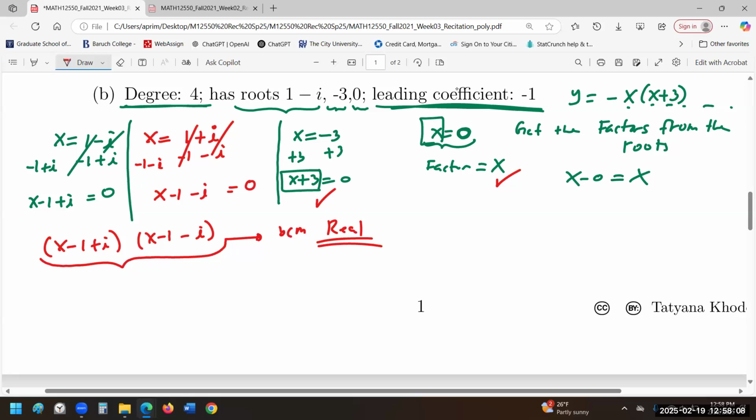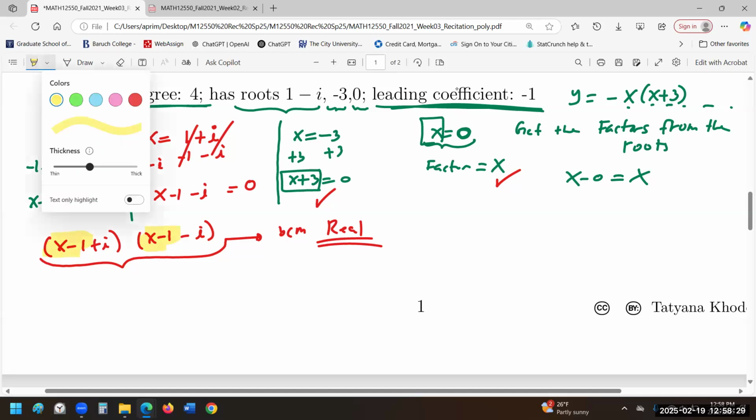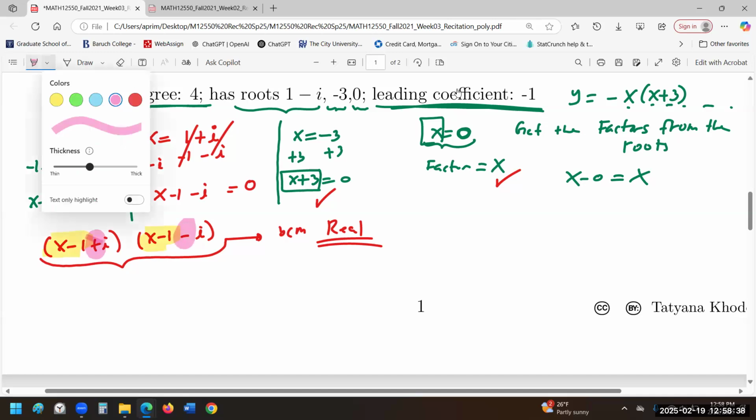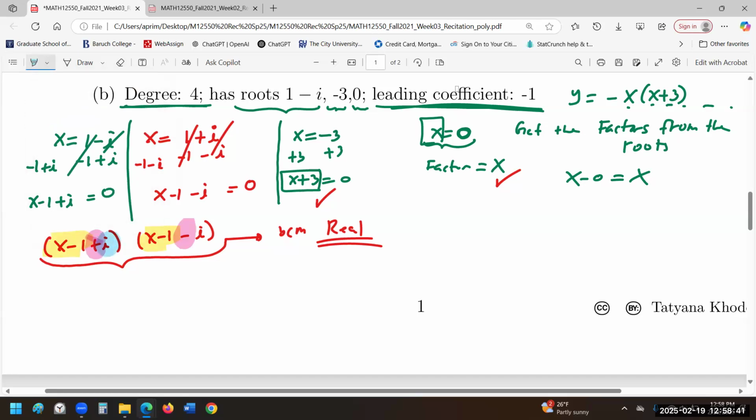So when you multiply, you can multiply individually one by one, or we can simply use a trick. If you observe, look what we have. We have x minus 1, x minus 1, the same first two terms. And then look what we have: a minus sign here, a plus sign here, and a minus sign here. And then we have i and i.